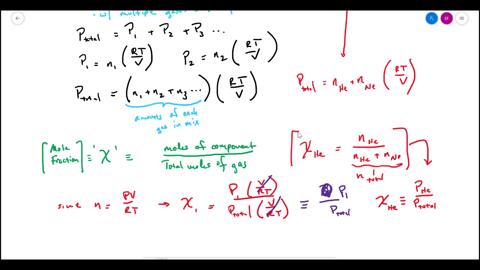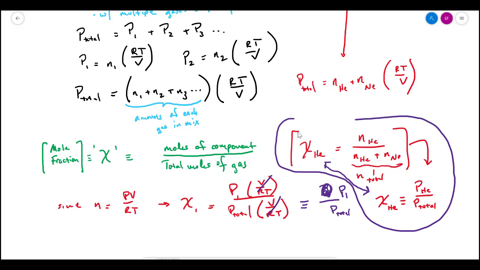And those things are interrelatable simply because the V over RT, which is used to convert between pressure and amount, is the same in both cases, so they cancel. So we can think about the fractions of moles or the fraction of pressure using essentially the same equation for a gas. So why is that useful?